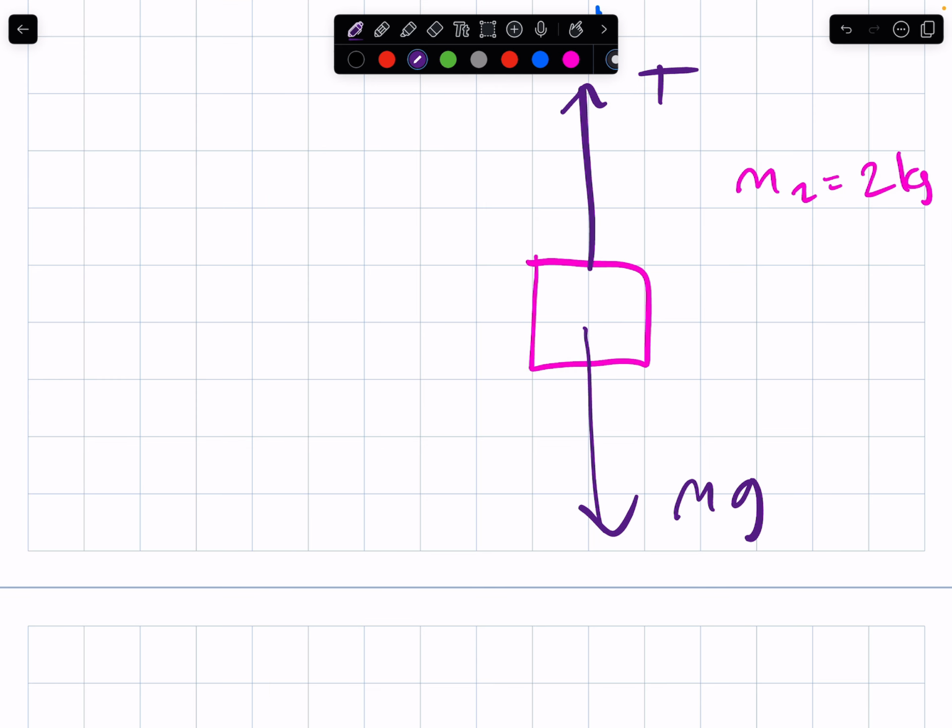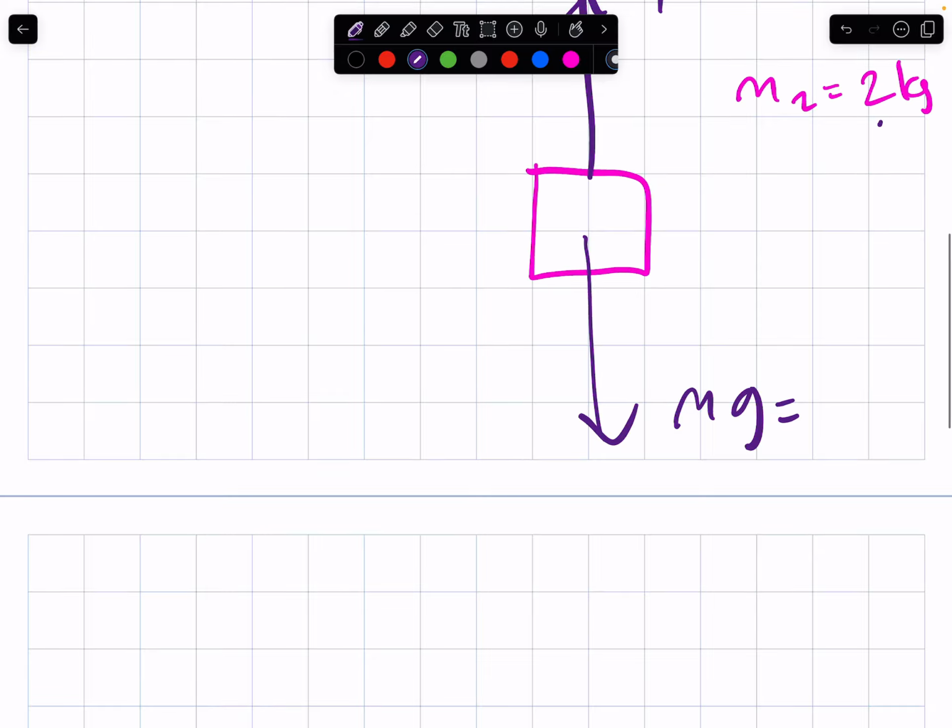And if you wanted to, at this point, we could go ahead and figure out what the value of that is. Since it's 2 kilograms, and little g is the acceleration of gravity, that's 10 meters per second squared.